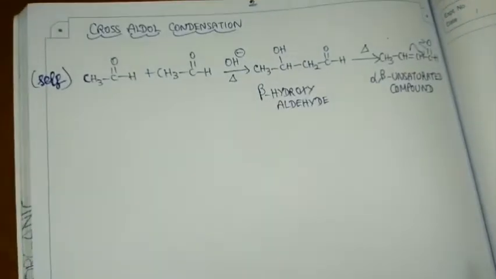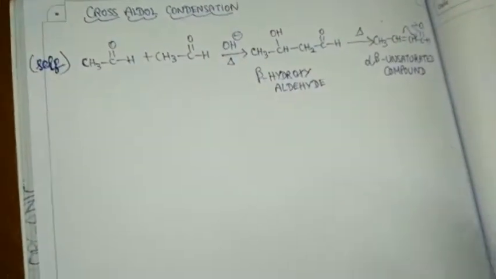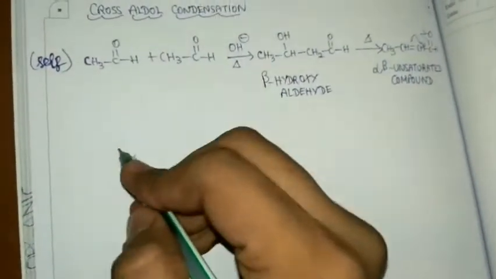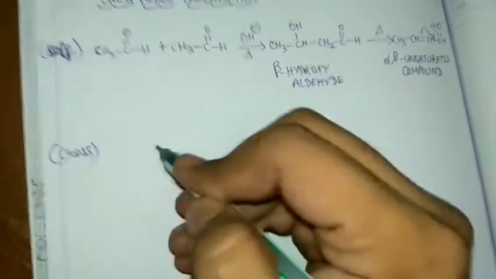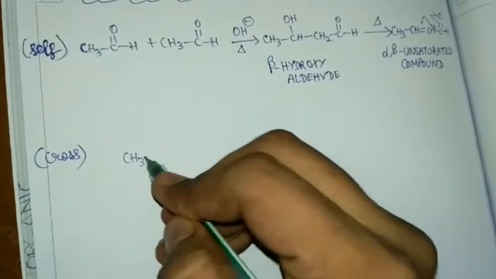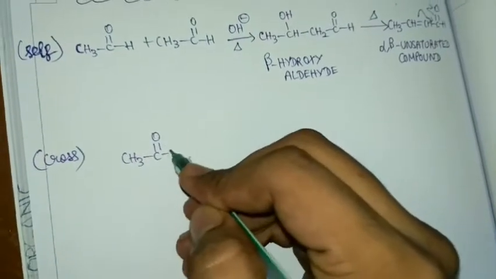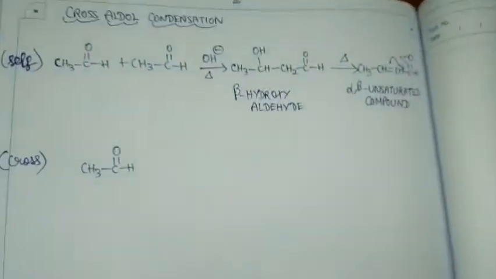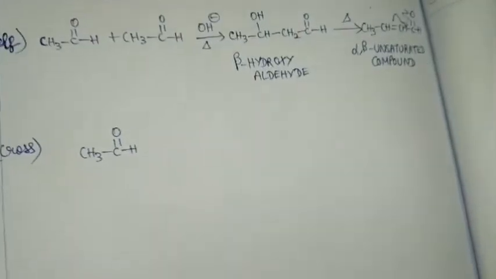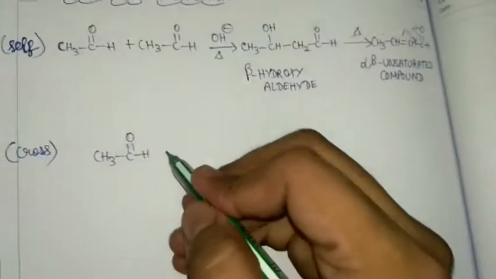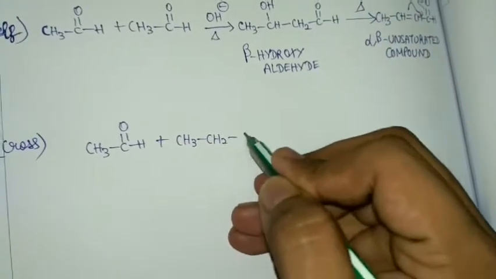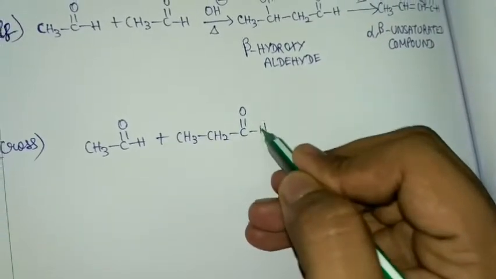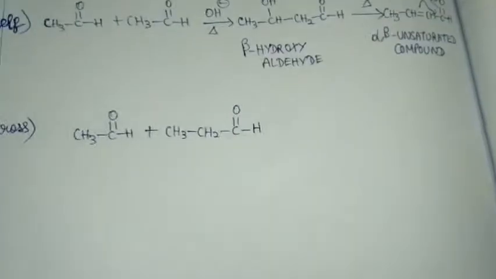What is cross aldol condensation? We take the same acetaldehyde. So this I will write as cross. So I take a molecule of acetaldehyde, and for convenience, I take this also, CH3, CH2, CHO. This is propanaldehyde, right?